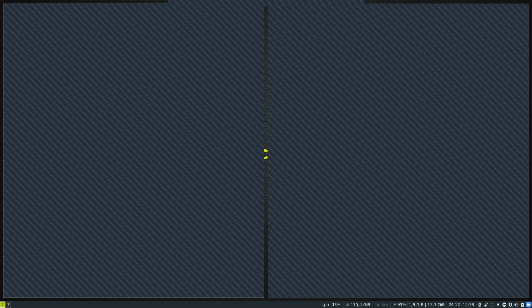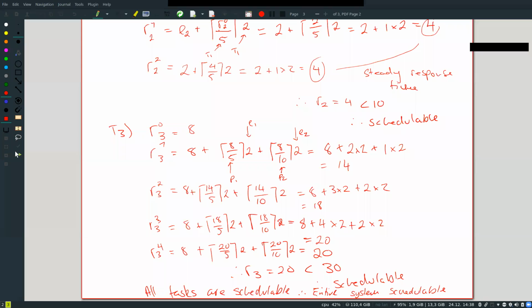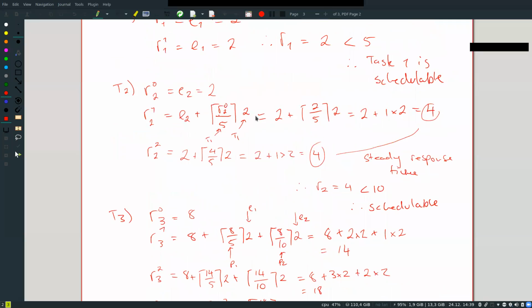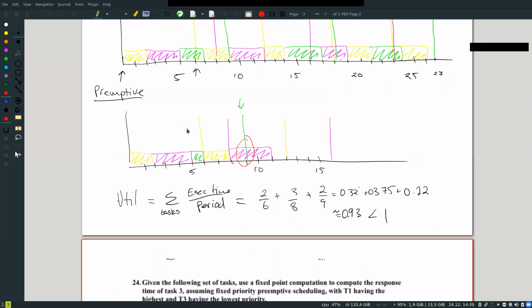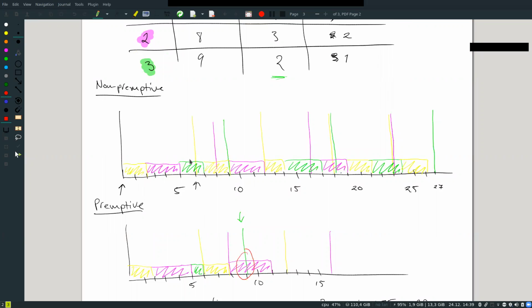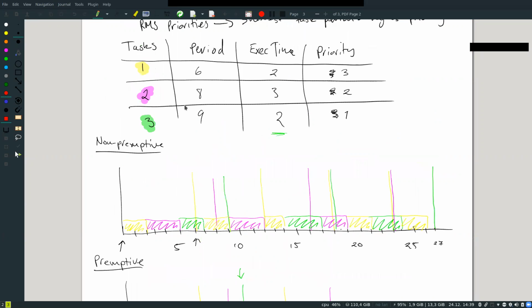So what does a period mean here? I'm not sure if you understood what it means already, but essentially when we're talking about the period here, the period of a task is how often it wants to be executed. So it's similar to a deadline, meaning that if we look at this here, we have a period of 6, which means that every 6 ticks, the task gets made ready to run again.